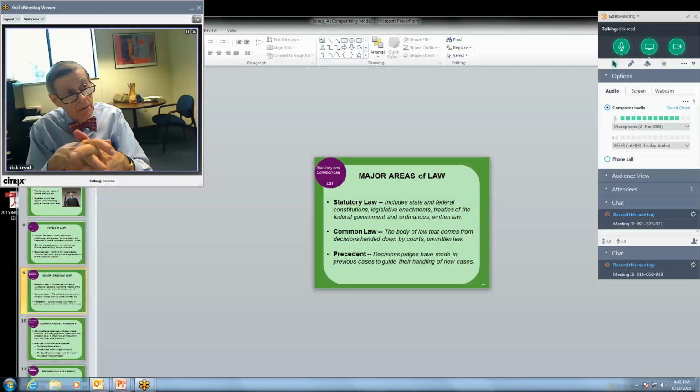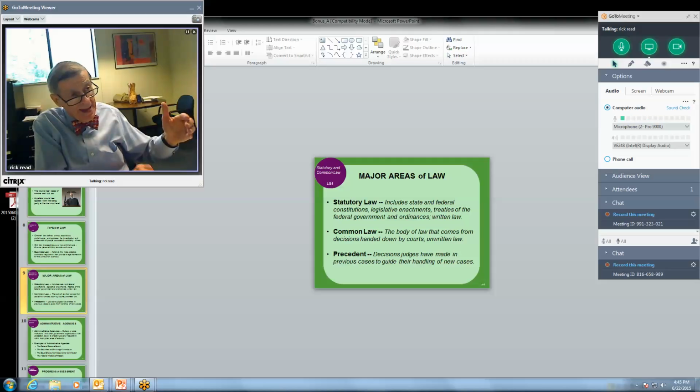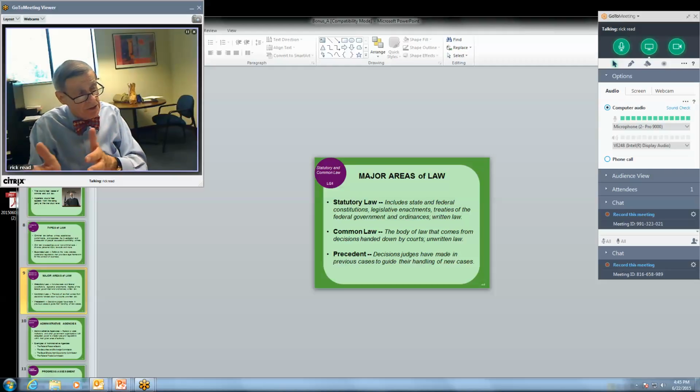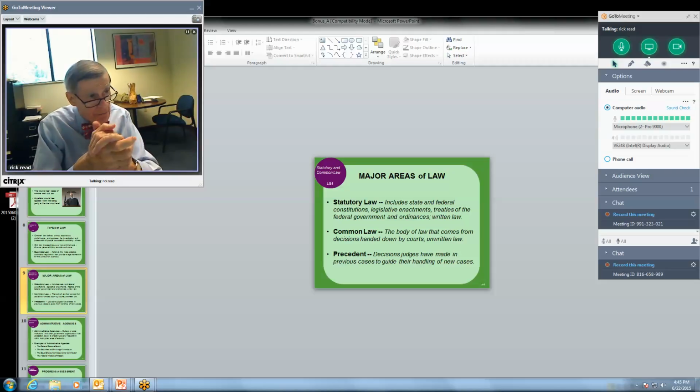Now, actually, what that did, that overruled the Plessy versus Ferguson ruling of 1896, which did hold that separate for whites and separate for blacks was equal. But the fact of the matter is, those laws were certainly separate. They were set up separately, but there was no equality whatsoever.